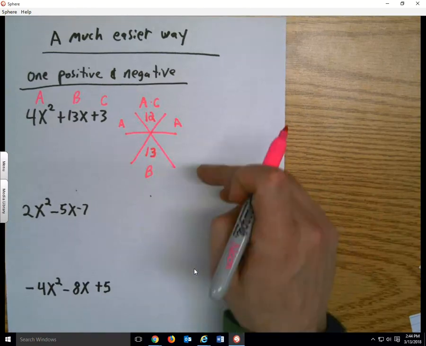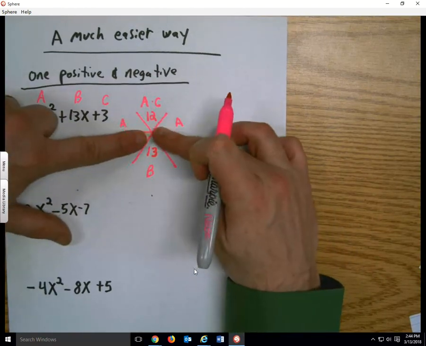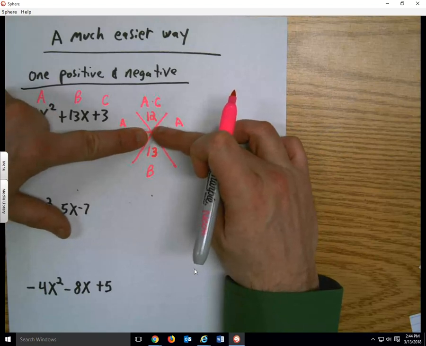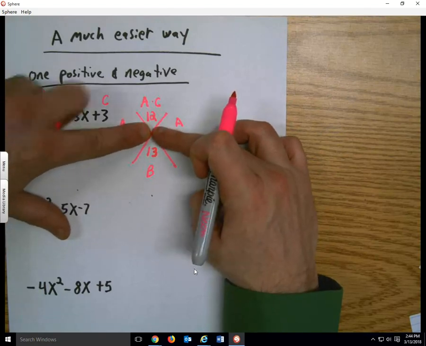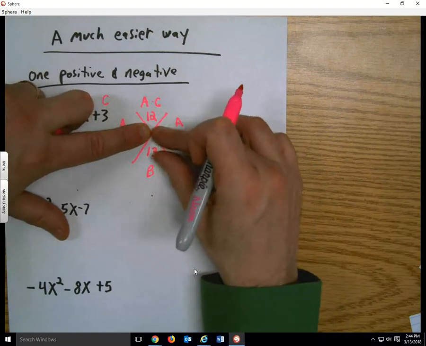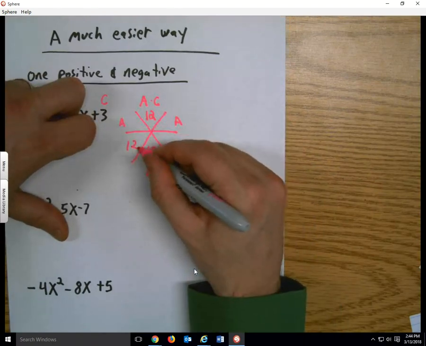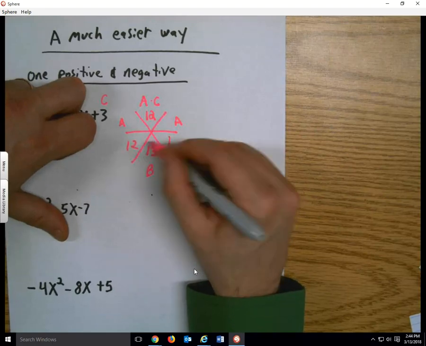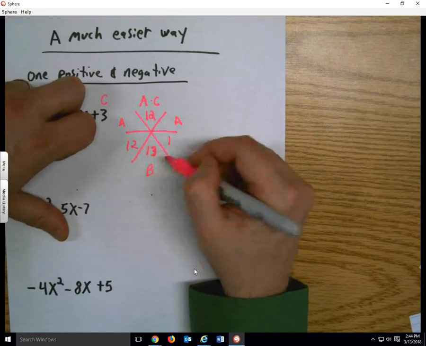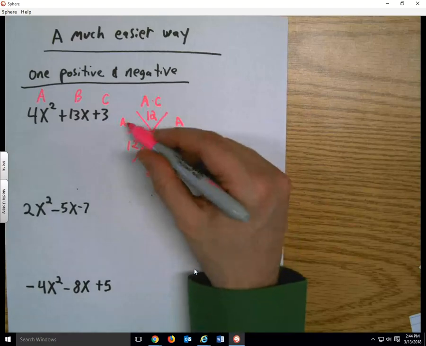So this should look sort of familiar at this point because it's just an X box. Those X boxes that we've been doing all year: what multiplies to 12 that adds up to 13? The answer would be 12 times 1. 12 times 1 is 12. 12 plus 1 is 13. And remember I said here you just put the A term.